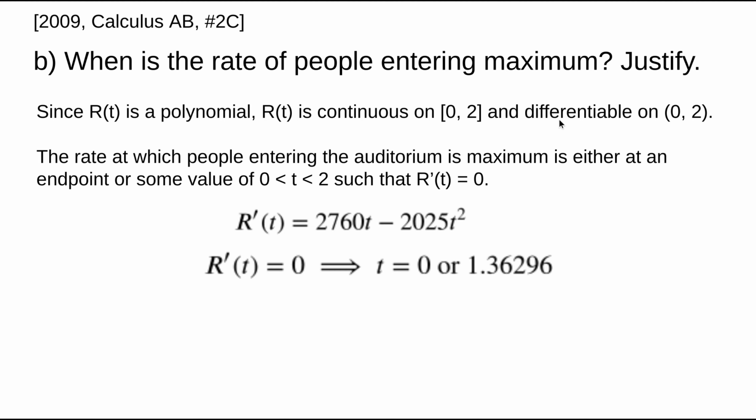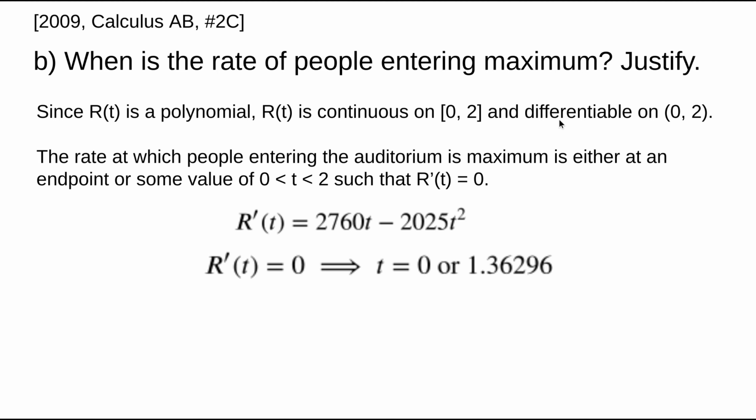Setting that equal to 0, we can solve that. It's either going to equal 0 when t is equal to 0, or when using our calculator, figuring out that t equals 1.36296. You might want to be a little bit careful with how quickly you round a value like that.